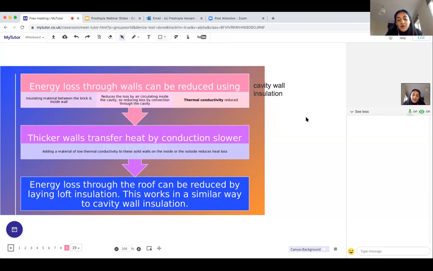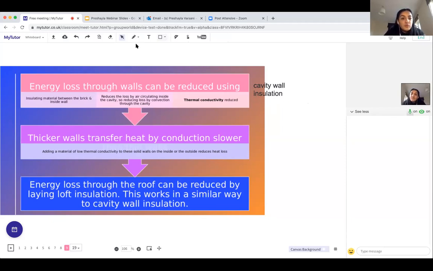That means that the thermal conductivity is reduced. And don't worry if you don't know what thermal conductivity means, we're going to go through that in a second, but the thermal conductivity is reduced.